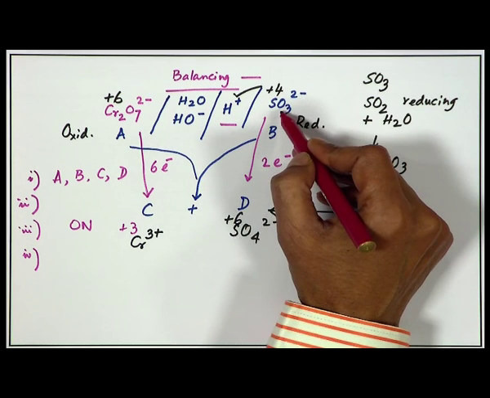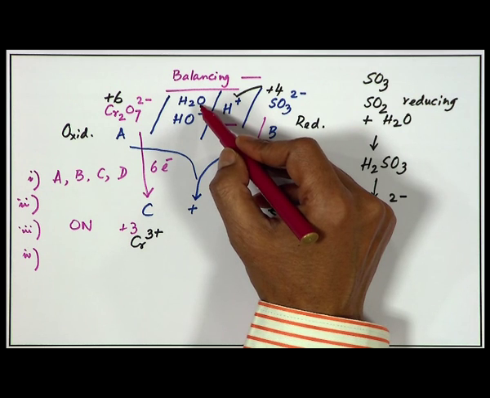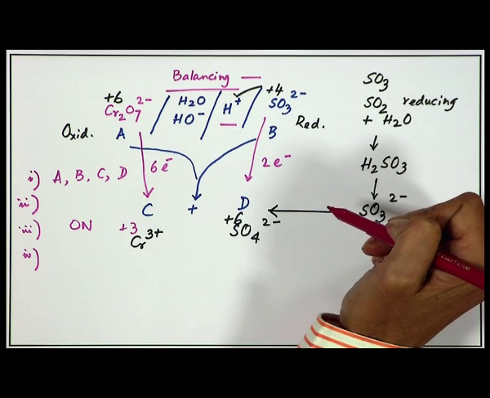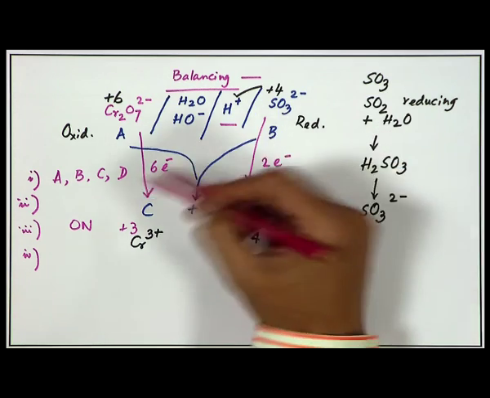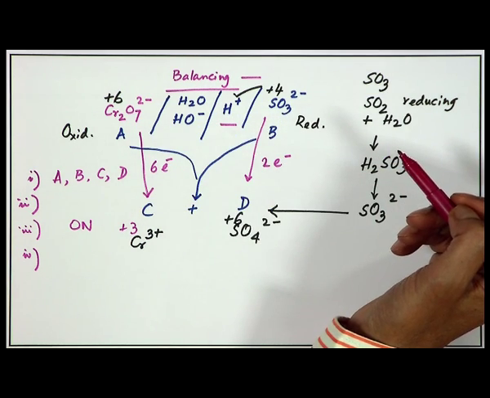Addition of O to the sulfur center will either consume water molecules or produce water molecules. So addition of water molecules will also be there, and balancing the hydrogen atoms from the left hand side to the right hand side will give rise to this particular reaction.